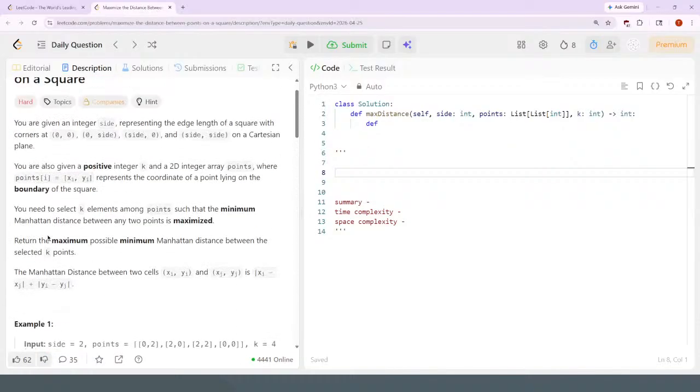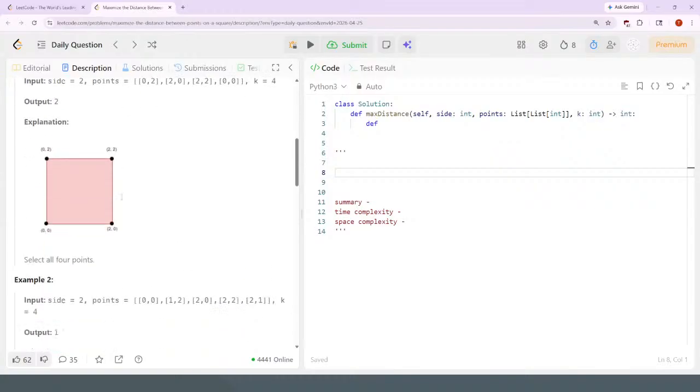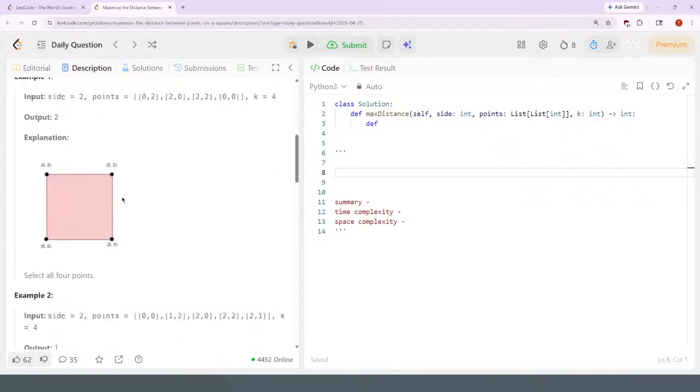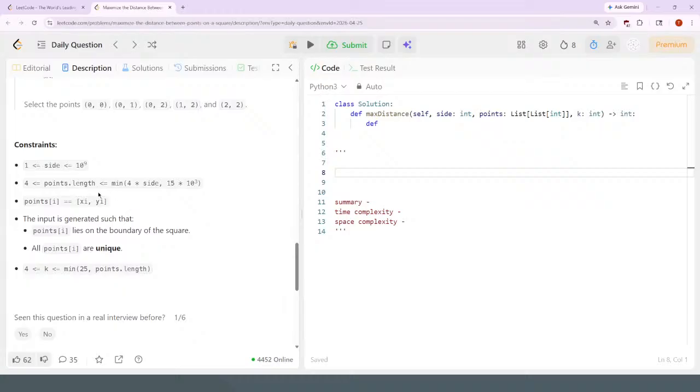Let's pick K values. K being something between 1 and points.length, the minimum between 25 and points.length. Okay, so K is at most 25, I guess. Right, because either 25 is smaller or points.length is smaller, so K is at most 25.